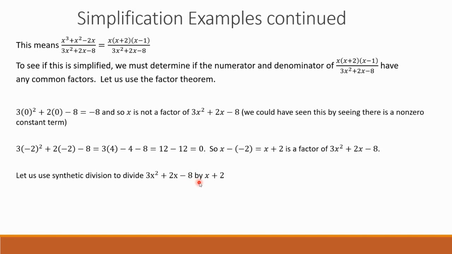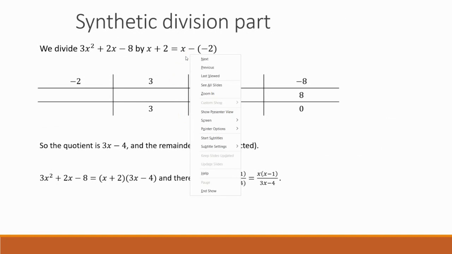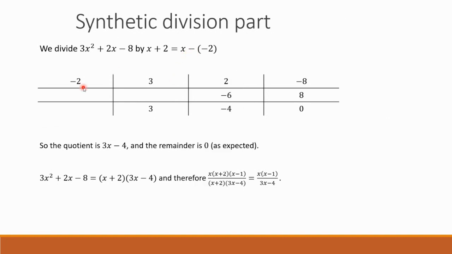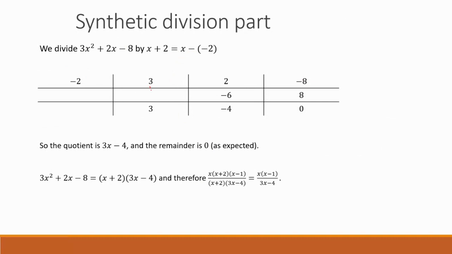Now you could do polynomial long division, but it's really enough to do synthetic division. x plus 2 we can think of as x minus -2. It has to be x minus something if you're going to do synthetic division. So -2 comes here. We have the 3 over here, the coefficients, 2 over here, -8 over here. Degree 2, but we have all the terms.